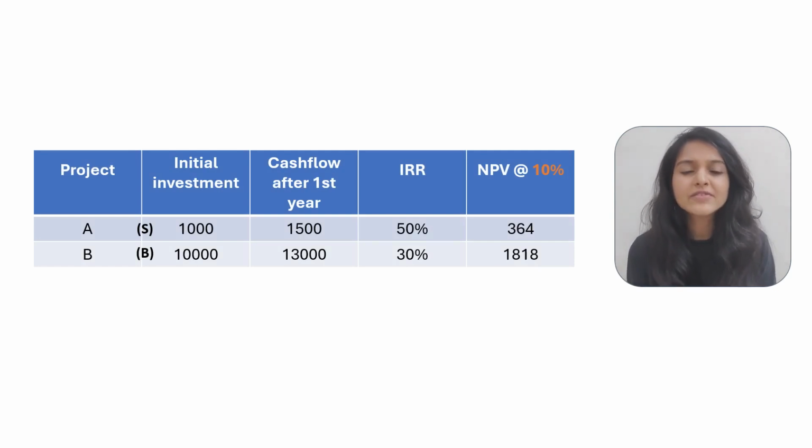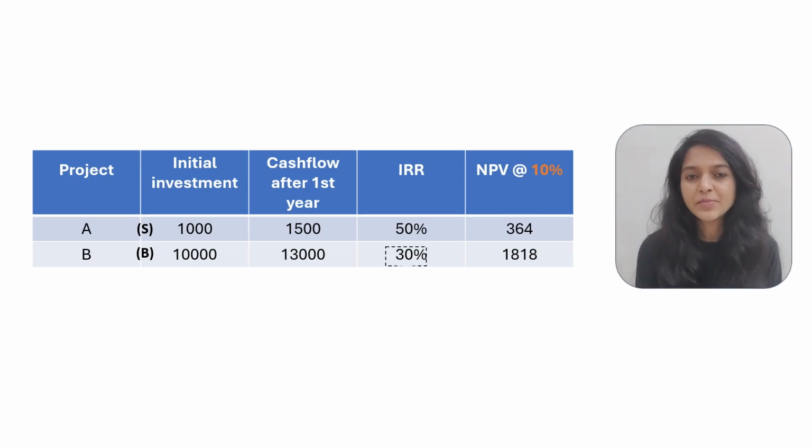Now project A gives a 50% rate of return, which looks great by IRR, but the NPV is only 364. Whereas project B gives 30% IRR, which is comparatively less, but NPV is very high and therefore it creates much higher absolute wealth.